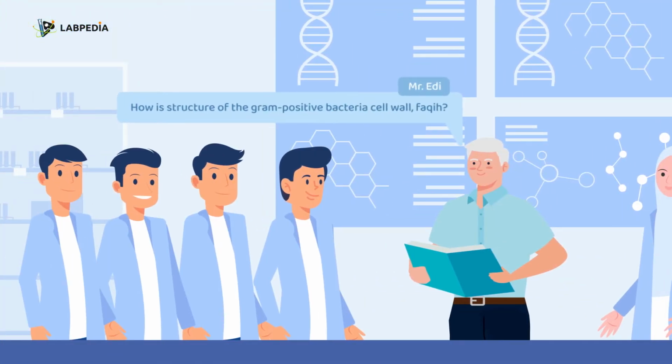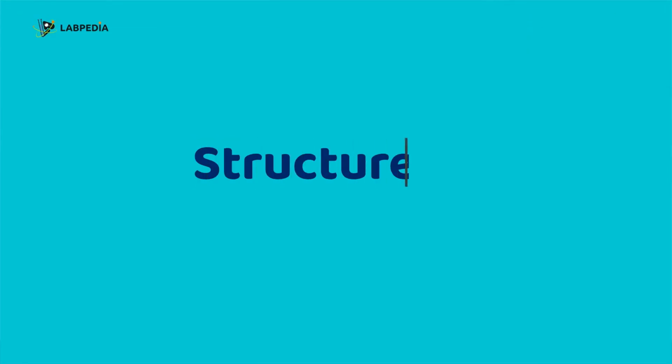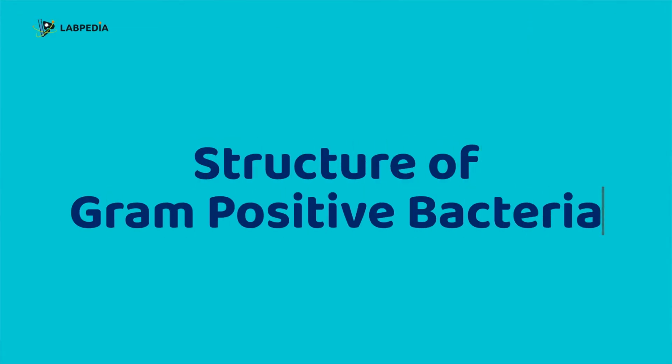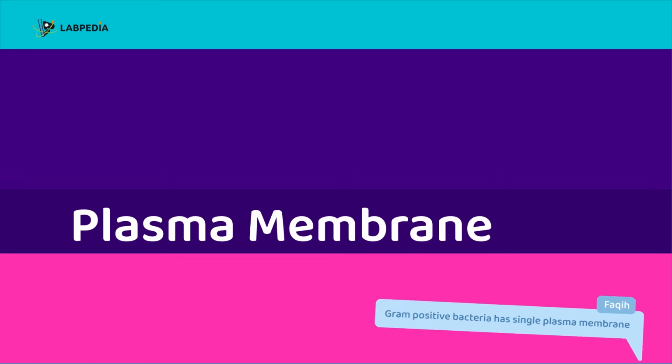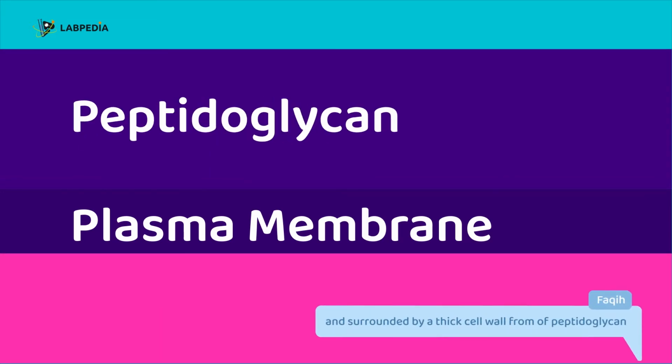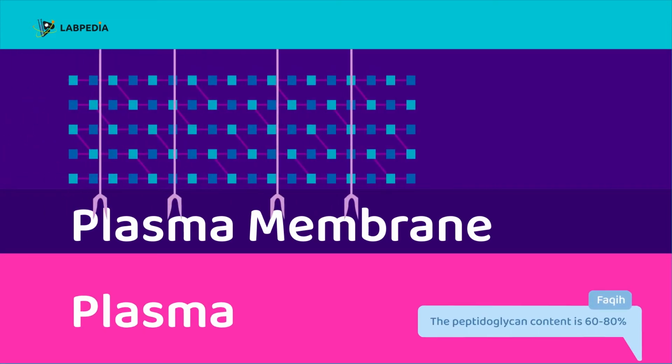How is the structure of the gram-positive bacteria cell wall, Fakih? Gram-positive bacteria have a single plasma membrane surrounded by a thick cell wall of peptidoglycan. The peptidoglycan content is 60 to 80%.